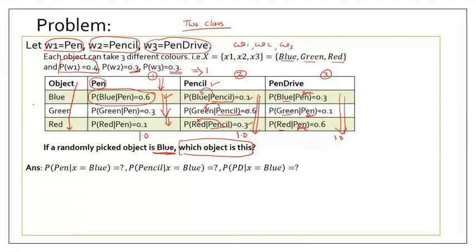The condition is that x is equal to blue, that means the color observed for a given object is blue. Then I am asking whether this is a pen, a pencil, or a pen drive. Given the object is blue, what is the probability that it is a pen? A pencil? A pen drive? These three quantities I am interested in.